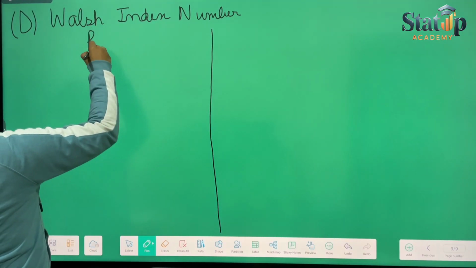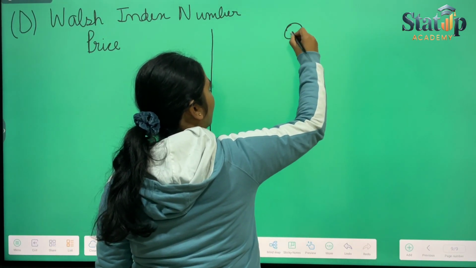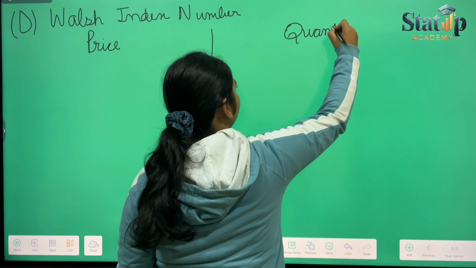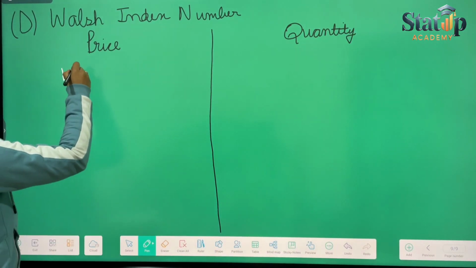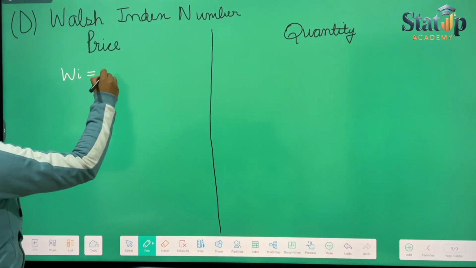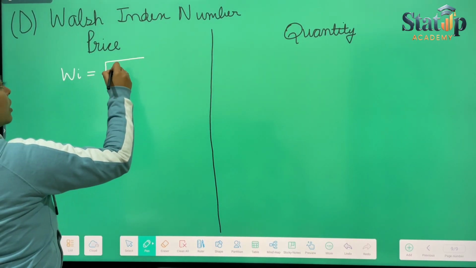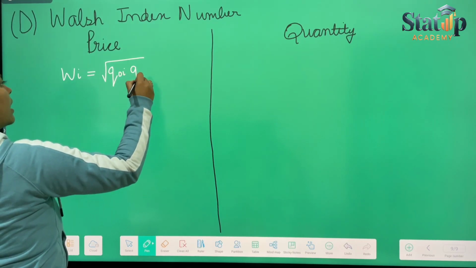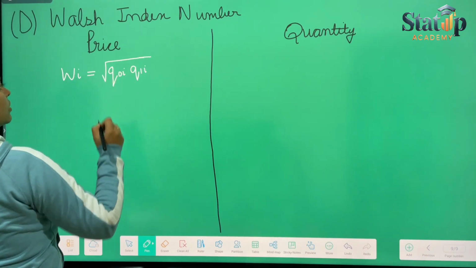First is Walsh price index number, then second is Walsh quantity index number. So what is Walsh price index number? Here weight will be equal to the geometric mean of the quantity, the base year quantity and the current year quantity.